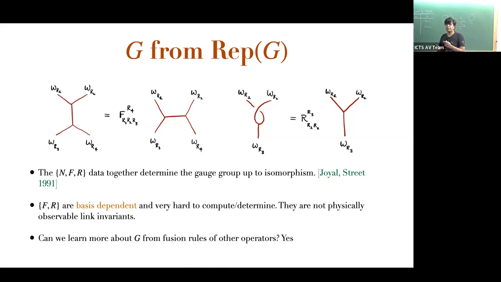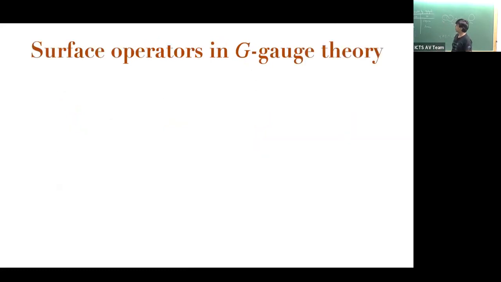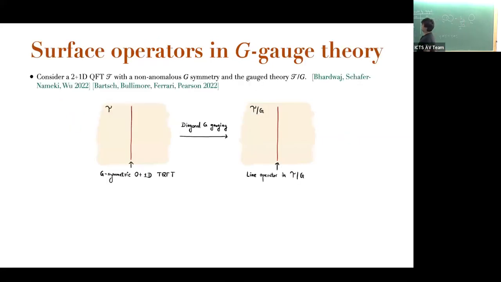So maybe it is better to look at some other operators that we have in the theory. And this is where surface operators will enter. I will describe a way of obtaining the surface operators. Before that, I would like to quickly describe a way of obtaining Wilson lines itself by gauging, because that will be very useful to understand how the surface operators appear.